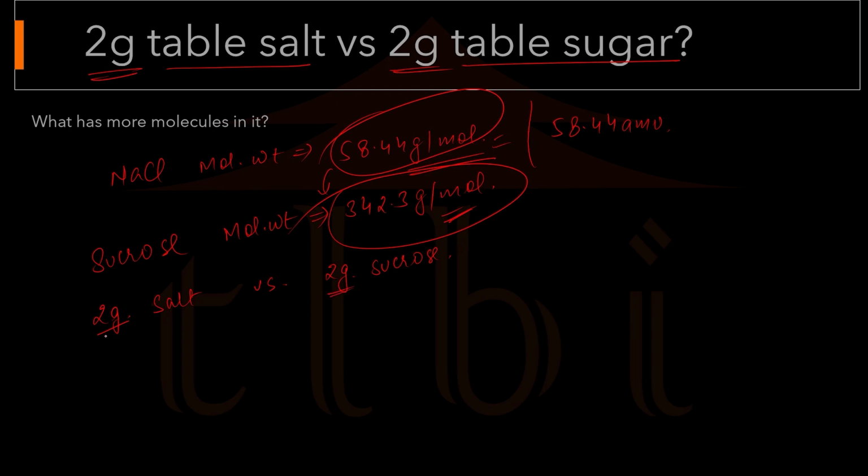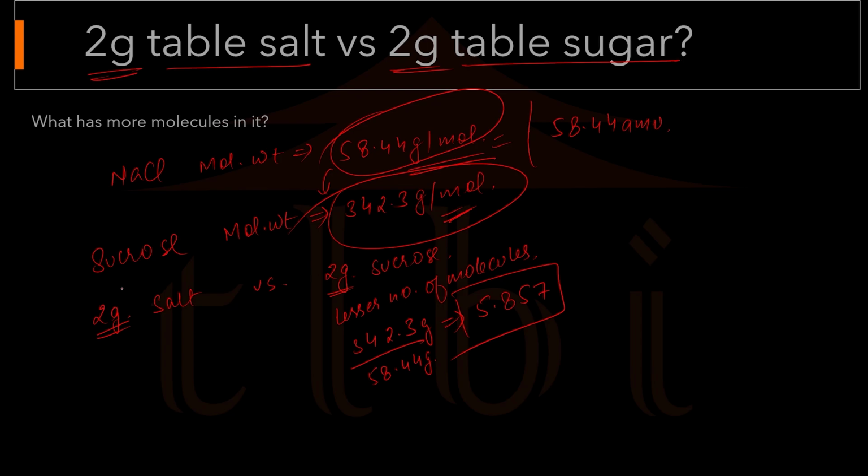So if you take same weight, it will have lesser number of molecules, right? And how much? It will be lesser by 342.3 divided by 58.44, and the ratio comes to be 5.857.